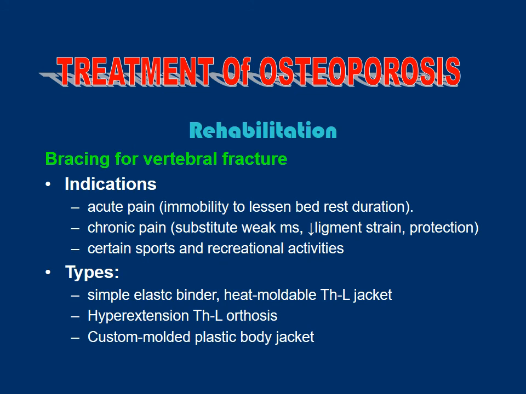So we said before, treatment of osteoporosis includes the medical treatment, prevention of falls, and rehabilitation. Rehabilitation includes bracing for vertebral fractures in cases of acute pain to produce immobility and lessen the bed rest duration, and in cases of chronic pain to substitute or support the weak muscles and decrease ligament strain, and to protect the spine and the bones from more fractures.